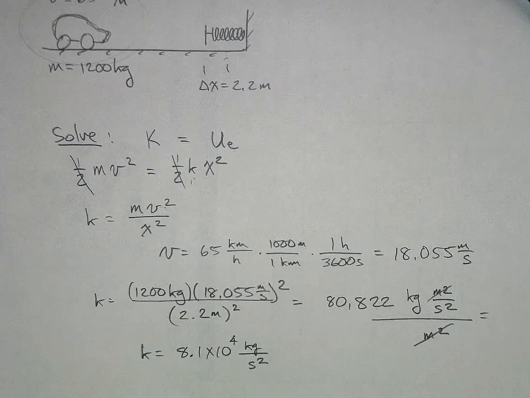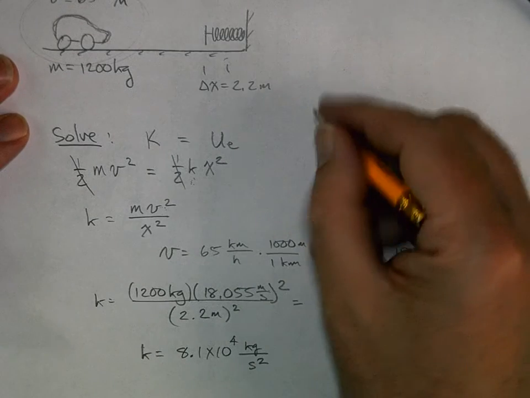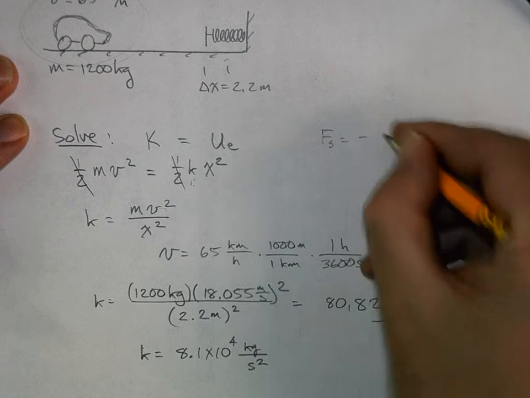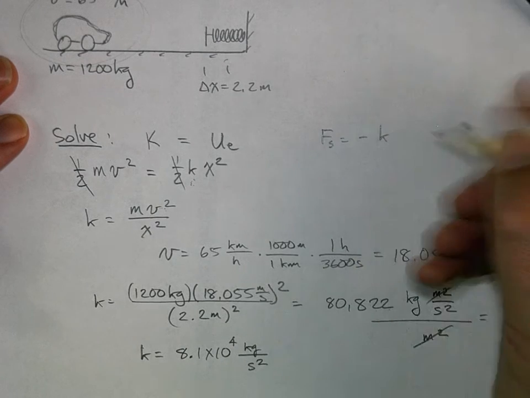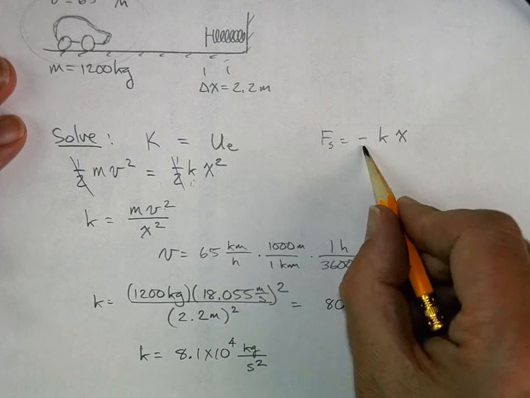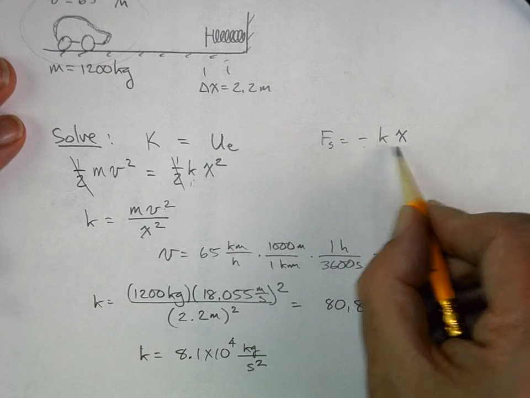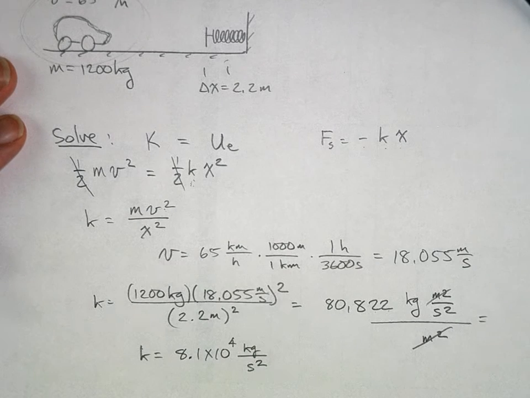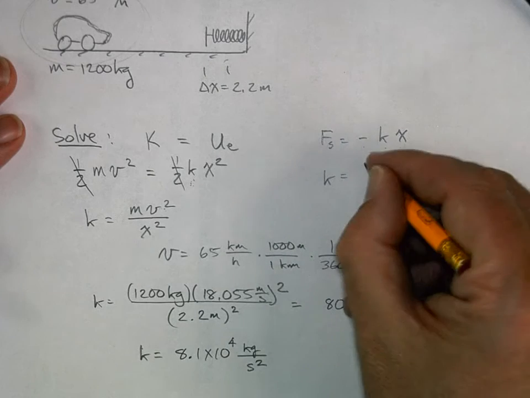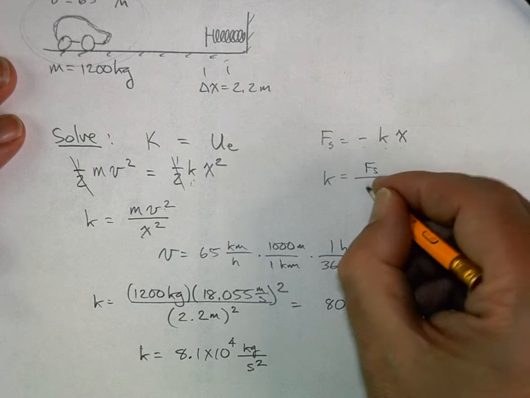But remember where the spring constant comes from. The spring constant comes from Hooke's law, which says the force that a spring applies is equal to negative spring constant times x. That is, the force the spring applies is in the opposite direction as the displacement of the spring times the spring constant k. So k is equal to the force of the spring over x.